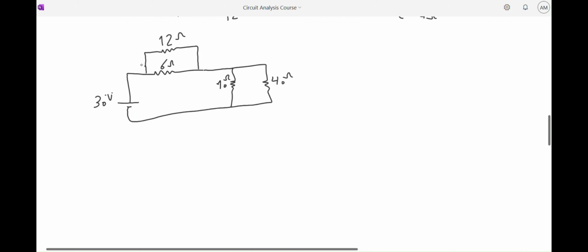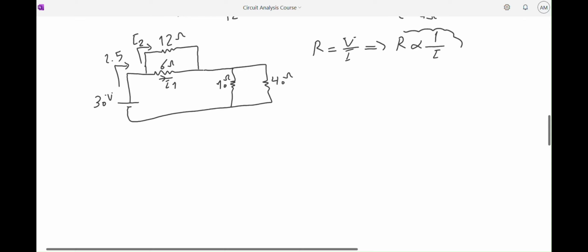Right, I've drawn the circuit just to save some time. We have 2.5, which has to peel off into I1 and I2. Now I want you to remember the current divider rule. Let's just assume the Ohm's law, R equals V over I. From here, we know that R has an inverse relation with I. So the resistance and the current have an inverse relationship.